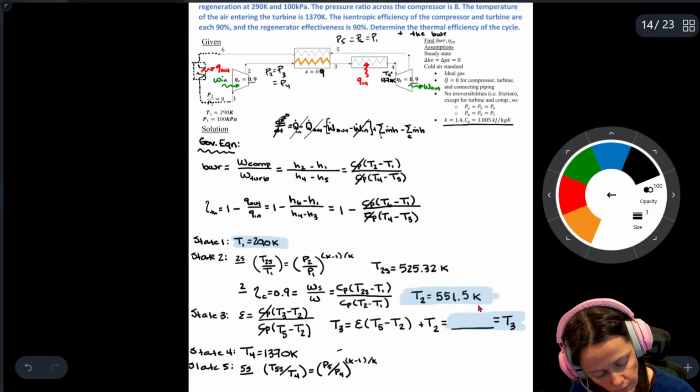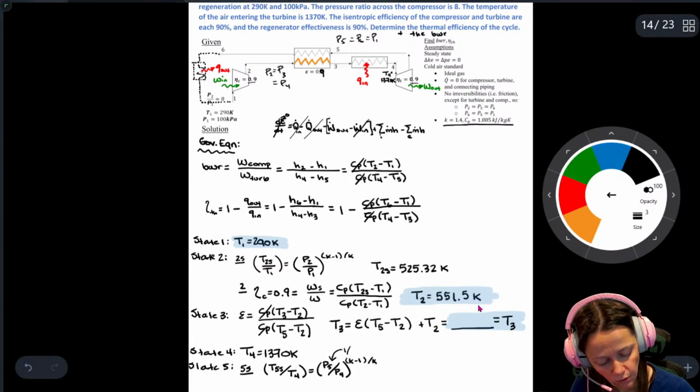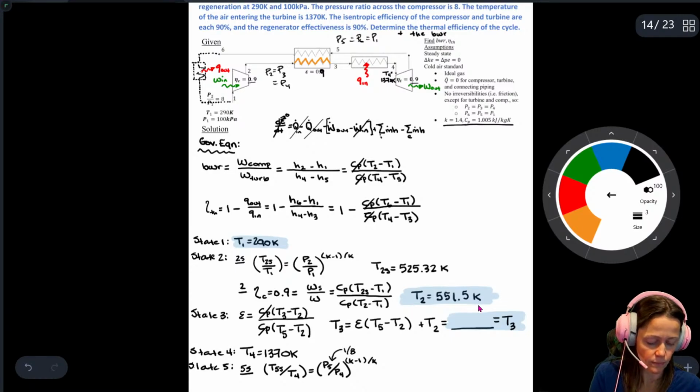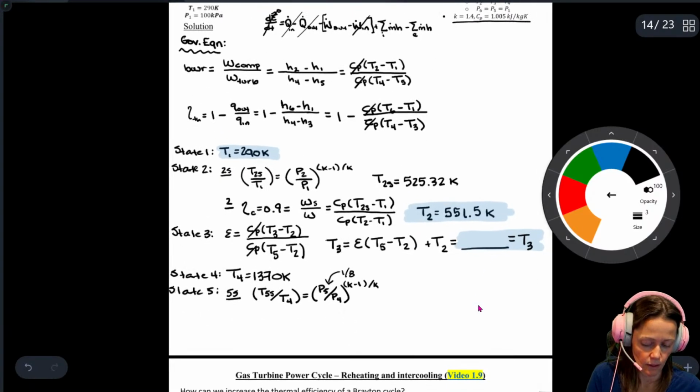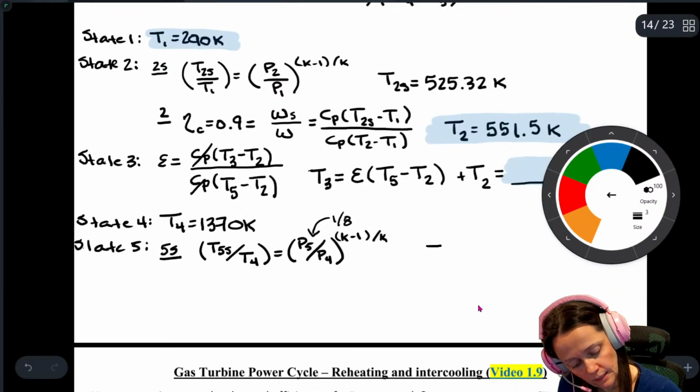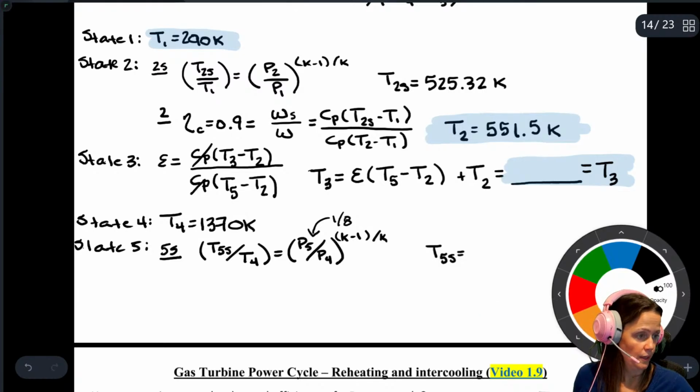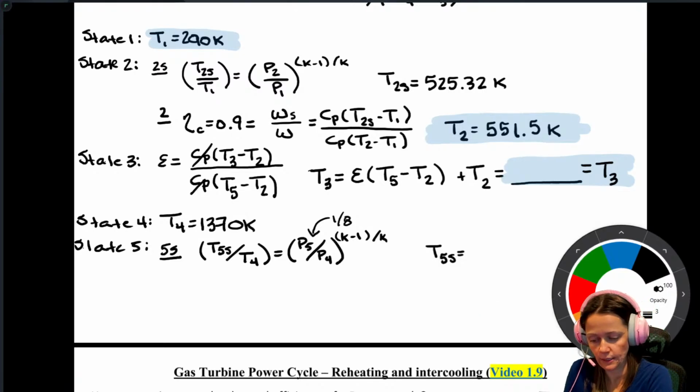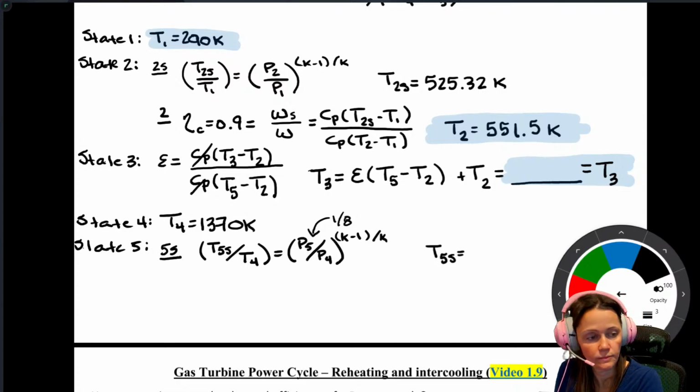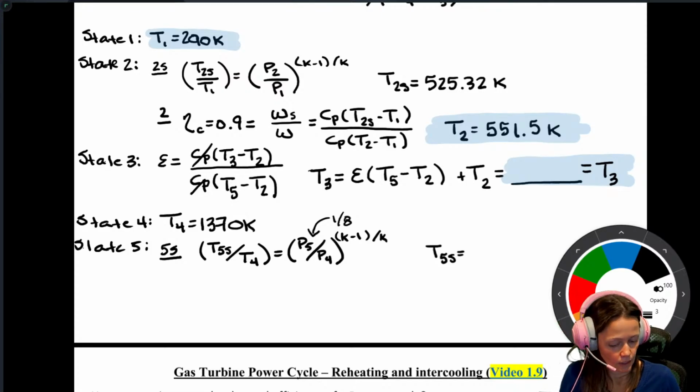So this is just 1 over 8. So my T5s, let's see what it ends up being. This is going to be 1370 times that ratio, so it's 756.3.